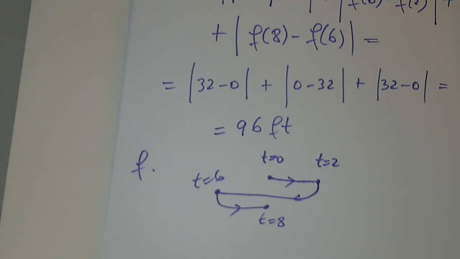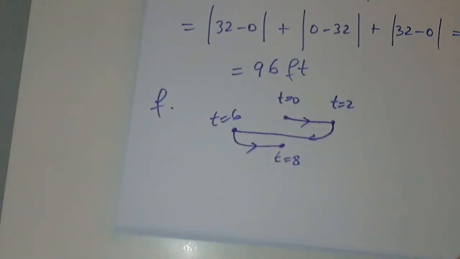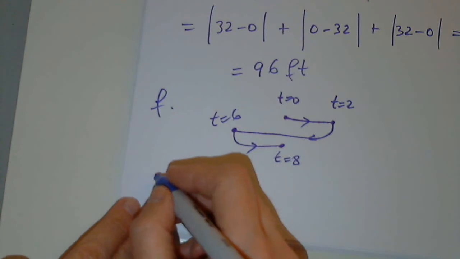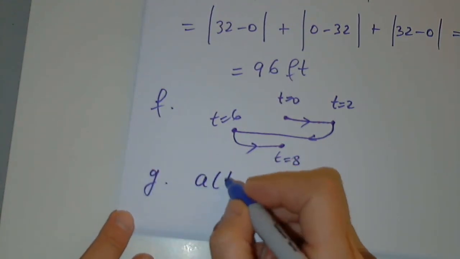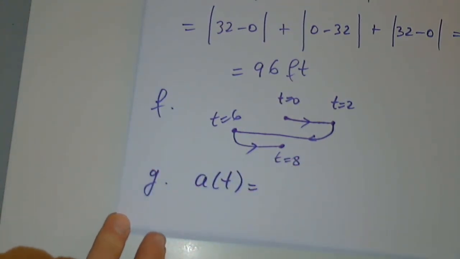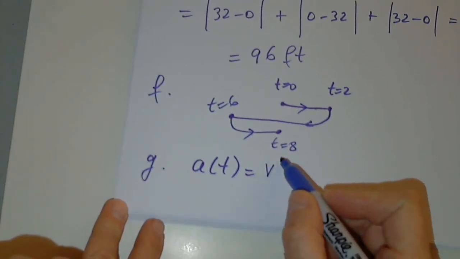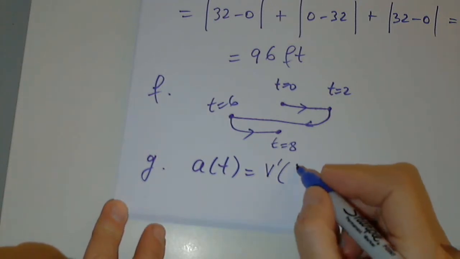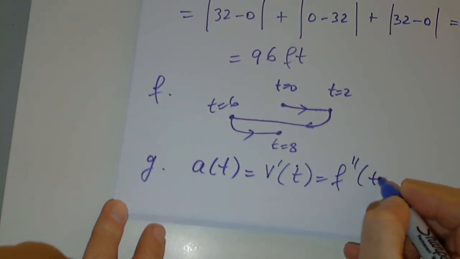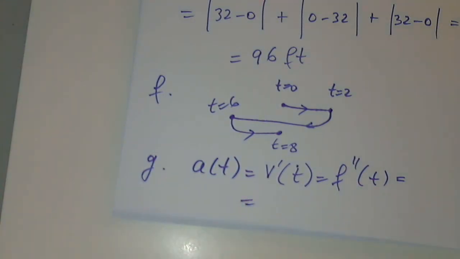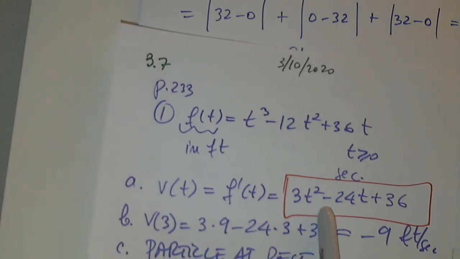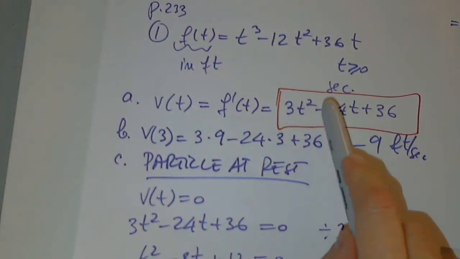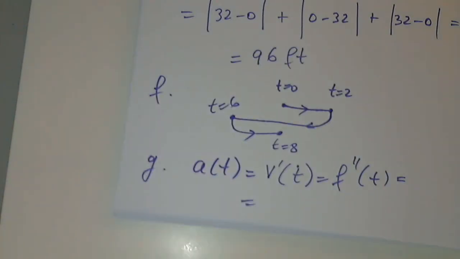Okay, part G. Find the acceleration at time t and after 3 seconds. The acceleration function is the first, sorry, V prime of t and f double prime of t. Excellent. Okay, so we go back to V. Here's V. So 6t minus 24.